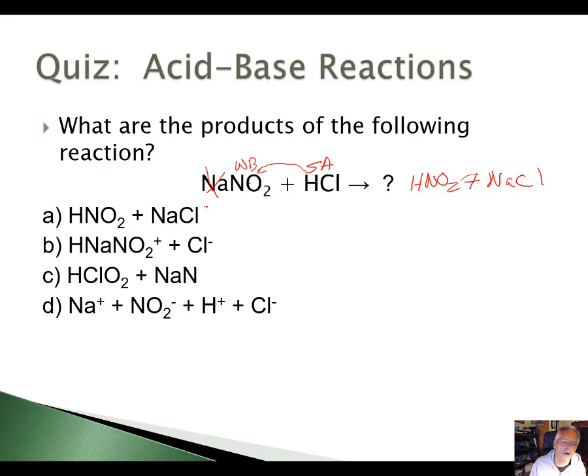That'll be your salt. So A would be the answer. It's just a metathesis reaction, guys, and acid-base neutralization. What we wind up with over here is a weak conjugate acid and a neutral conjugate base. The neutral base is chloride ion, and we don't care about the sodium cation. It's a spectator in this reaction.